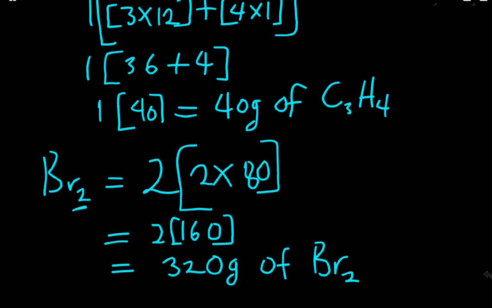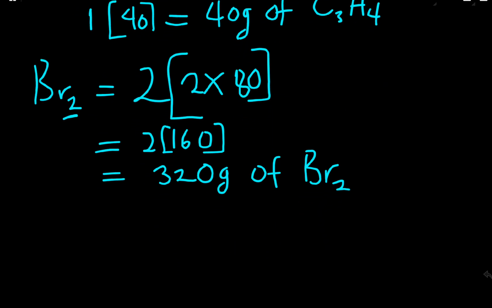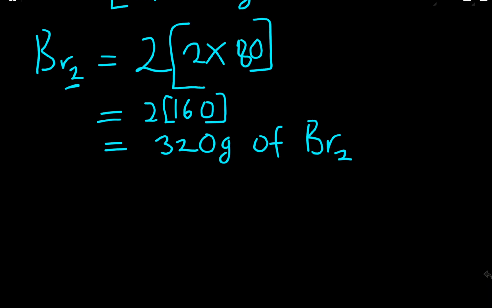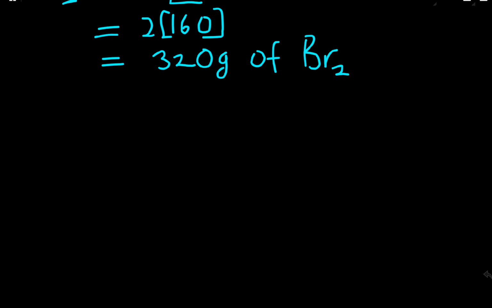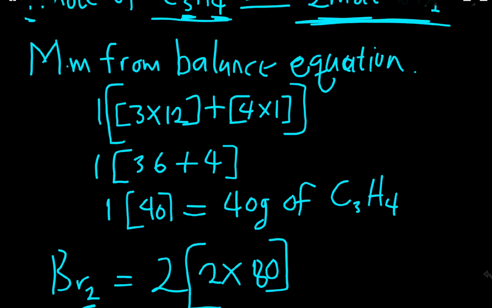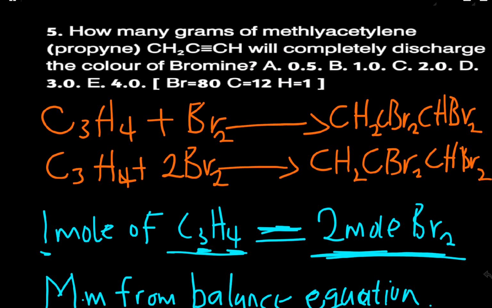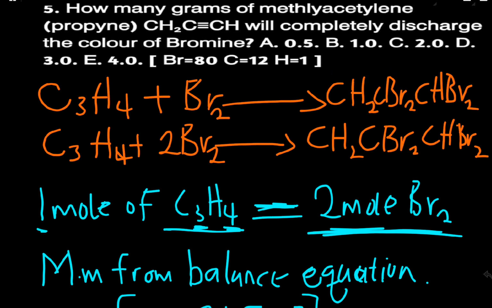Now, once this is established, we'll make use of the same relation in order to get our final answer. What is given from our equation? Let's go back and see. The question says how many grams of propyne will completely discharge the color of bromine.